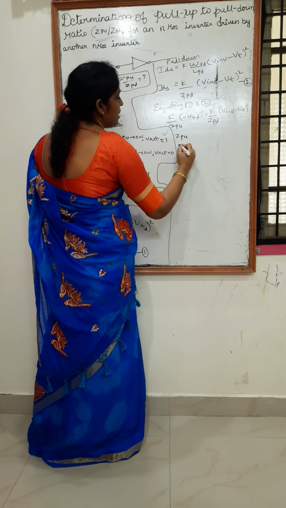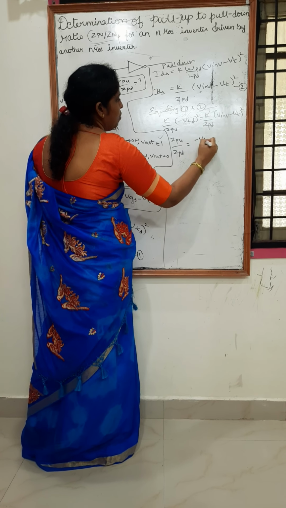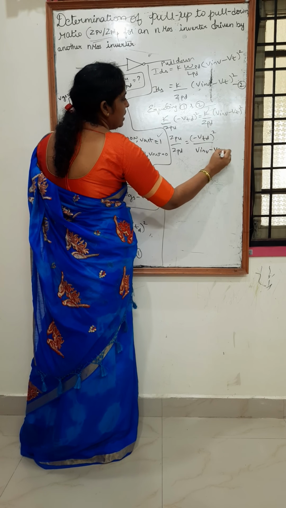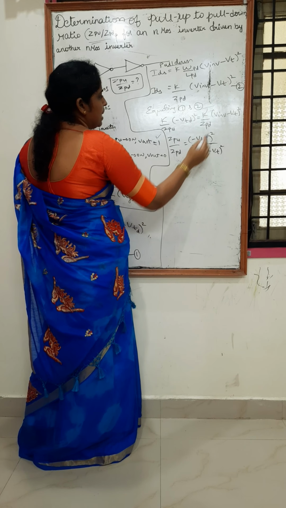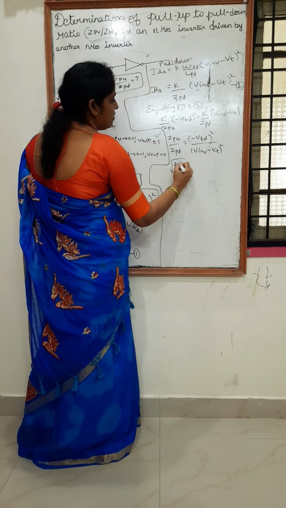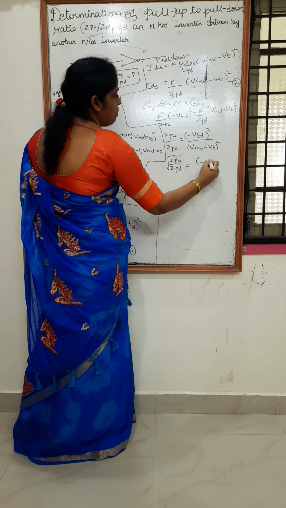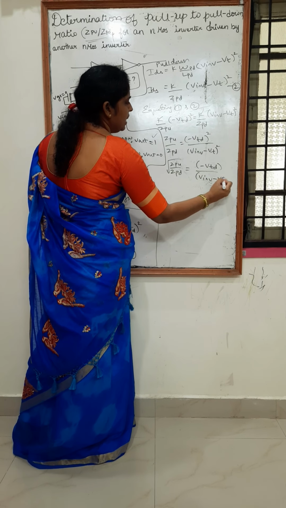If I send ZPU to that side, it will become the numerator, and I will have minus VTD whole square by V inverse minus VT whole square. If I send the squares to this side, it will become root ZPU by ZPD equal to minus VTD by V inverse minus VT.